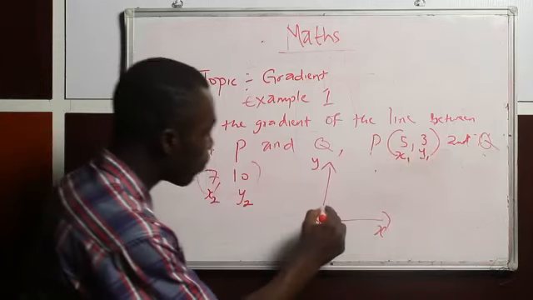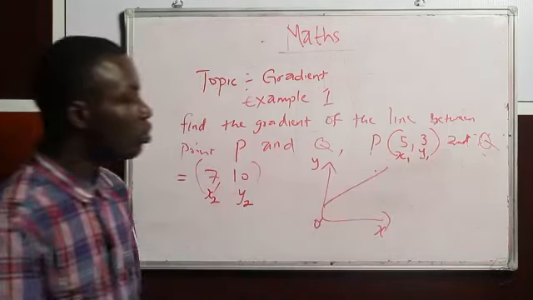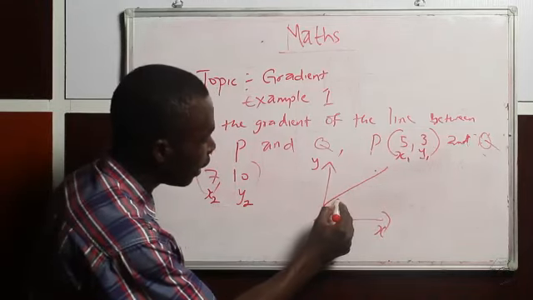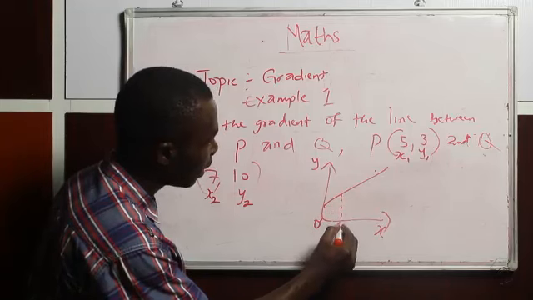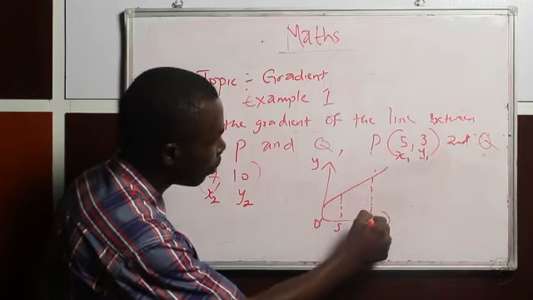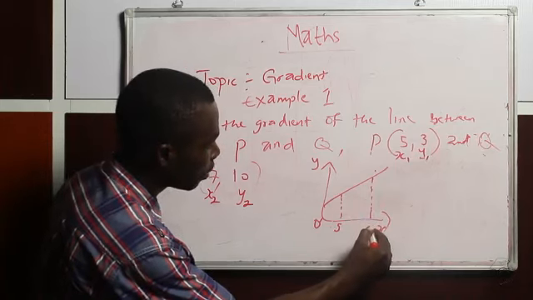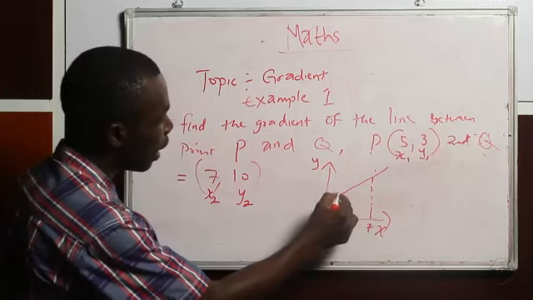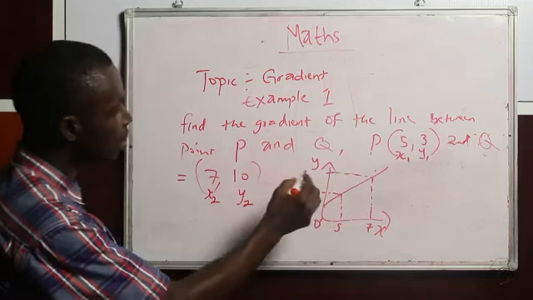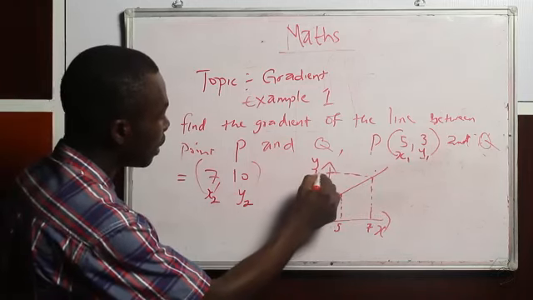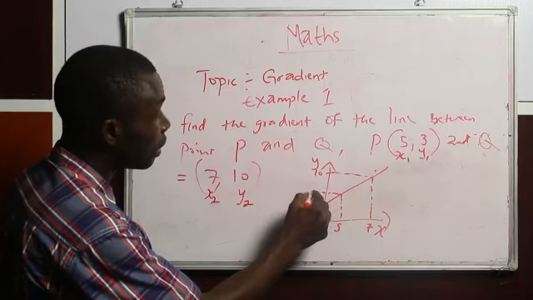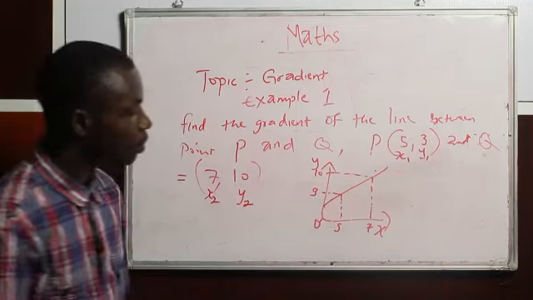If we move from here, let's assume we move on a straight line, and our point here shows that this is 5. Then our point here shows that this is 7. Then at this point on the y-axis, our y2 is 10, our y1 is 3.